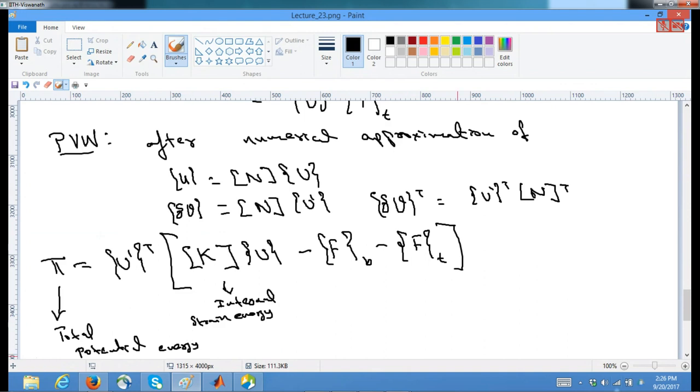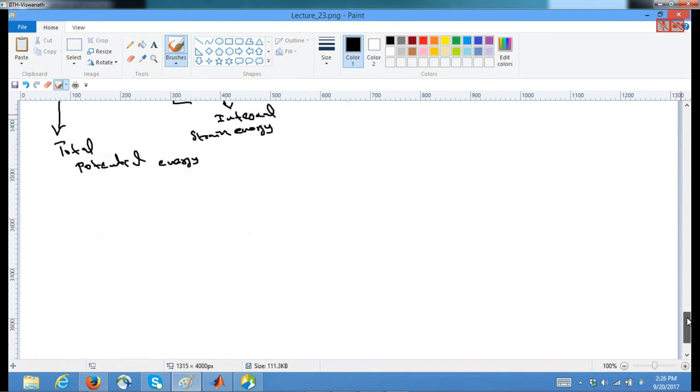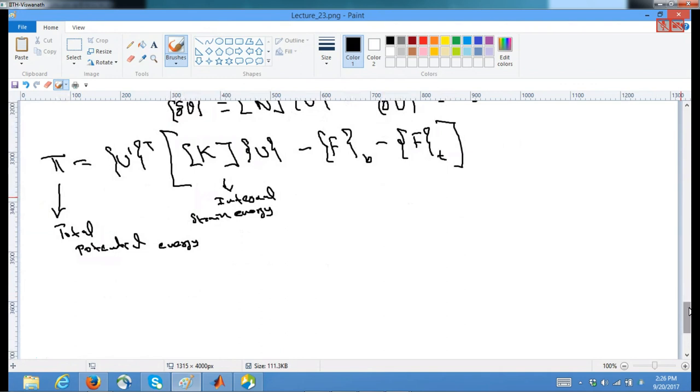So we want the choice of u dash such that the rate of change of this total potential energy is 0. That is, for equilibrium, dou pi by dou u dash is equal to 0.